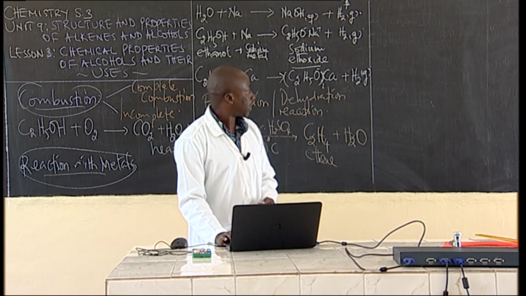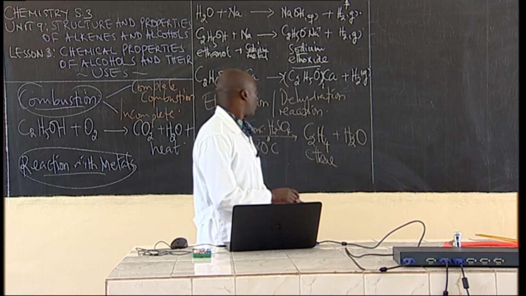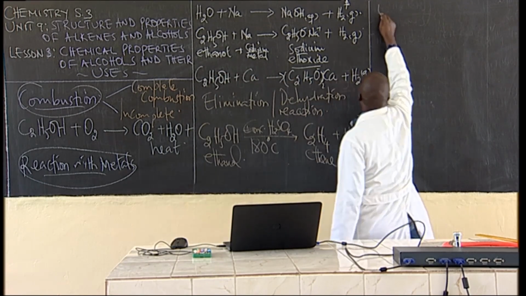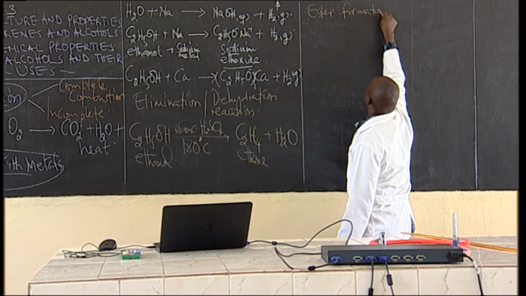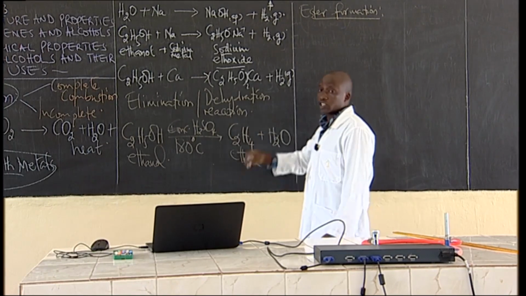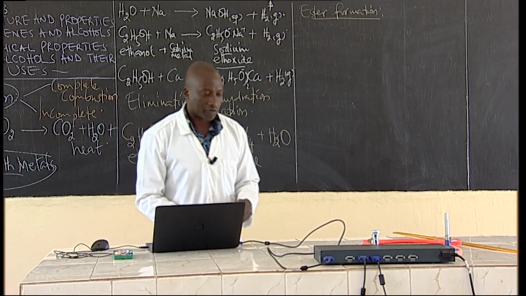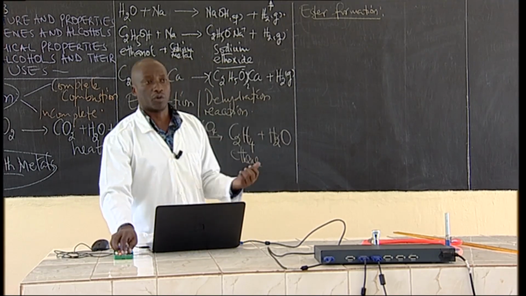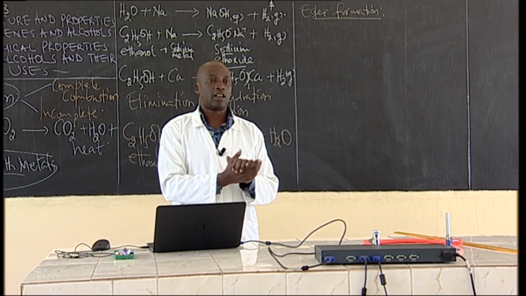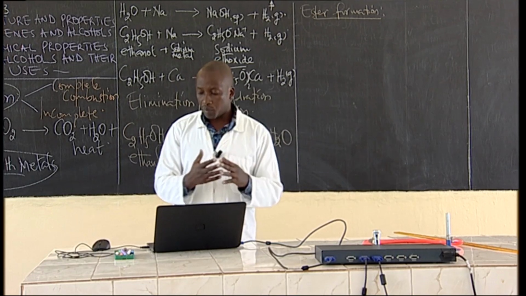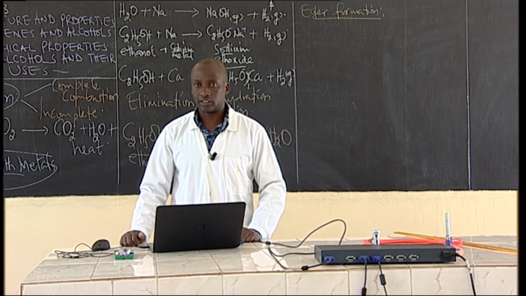So another important reaction that we want to discuss is ester formation. Esters are sweet-smelling compounds that are used in manufacturing perfumes, mainly perfumes, but there are some other materials or some other homemade substances that contain these esters.